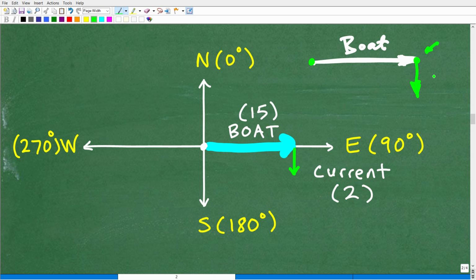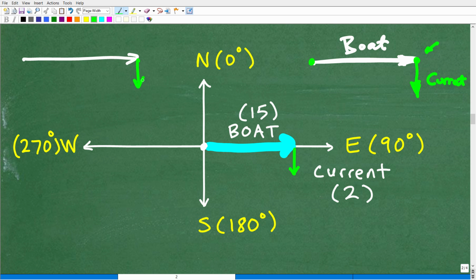So here's our boat and here is our current. Once again, we are accounting for the speed and direction. The length of the boat's arrow is longer because the length represents speed. The longer the arrow is, the faster it is.